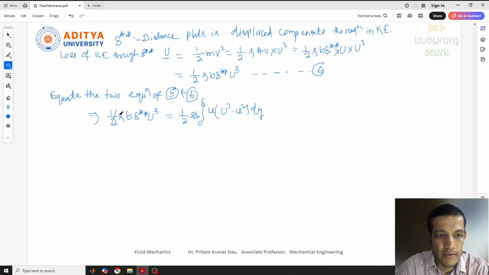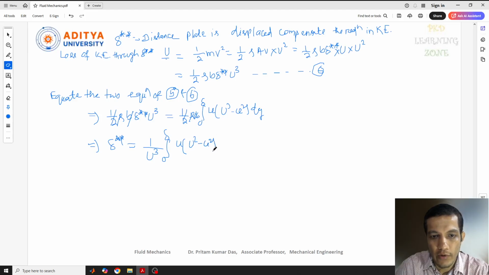Now we can cancel half rho b, everything. Now directly we can write delta double star, and U cube taken to this side, so we can write 1 by U cube, integration 0 to delta, of u into capital U square minus small u square dy.